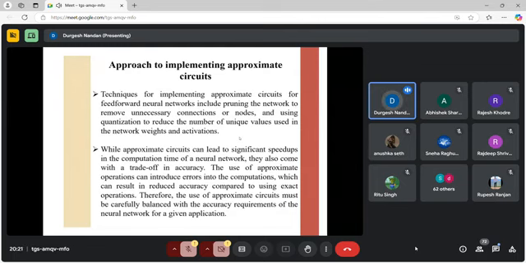They also come with a trade-off in accuracy. The use of approximate operations can introduce error in the computation, which can result in reduced accuracy compared to using exact operations. The use of approximate circuits must be carefully balanced with the accuracy requirements of the neural network for a given application.